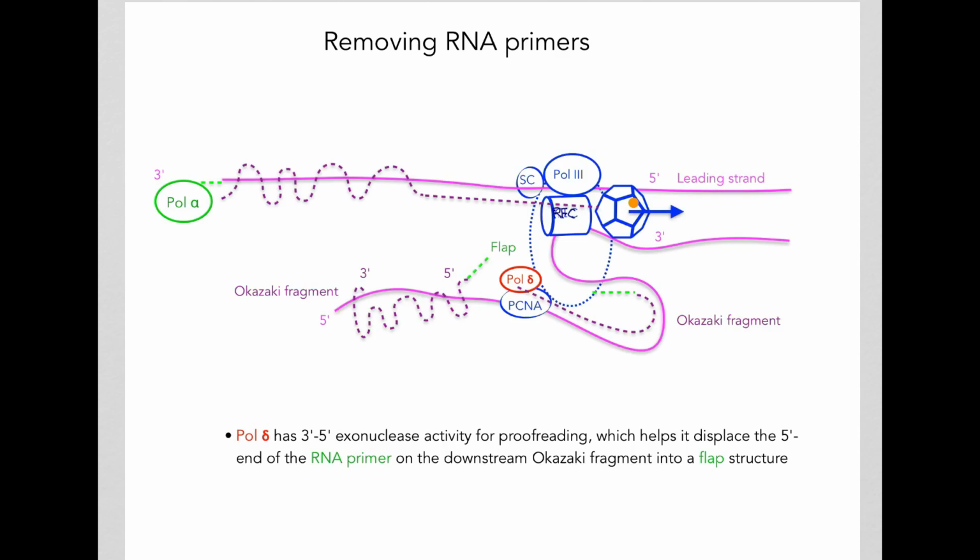Now this polymerase delta has strand displacement activity, and this will help it displace the 5' end of the RNA primer on the downstream Okazaki fragment into a flap structure. So this RNA primer here will become a flap structure.